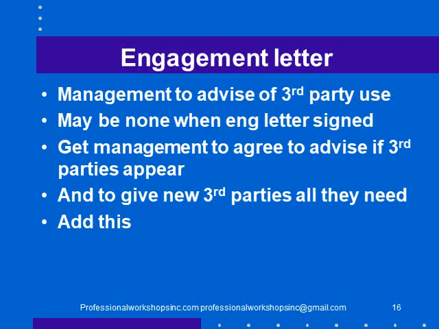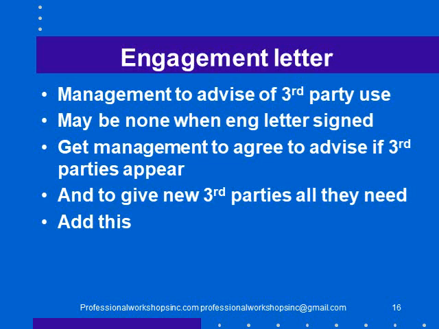But what I particularly worry about is the appearance of a third party, either after we've completed the engagement or between the time when the engagement letter is signed and the engagement is completed. So I would want management to agree in the engagement letter that first, they will advise us if a new third party appears, and second, they promise that they will give the third parties all the information they need.